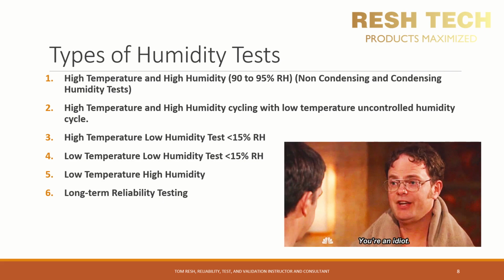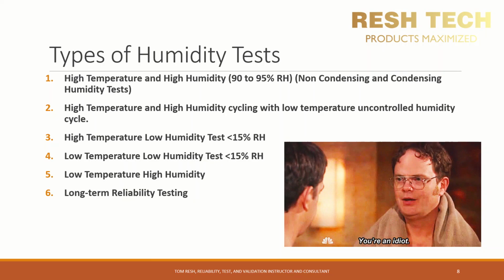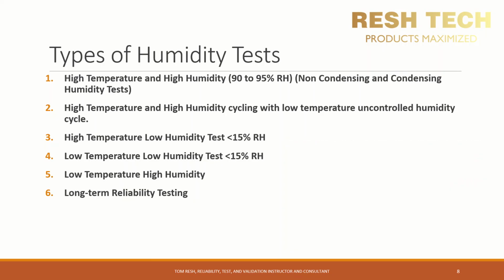The final example is reliability testing. This is either a long-duration high temperature or high humidity exposure, or a test run with temperature and humidity levels higher than the expected worst-case environment that your system or product will encounter in the field or in customers' usage. You can accelerate temperature humidity tests just like temperature testing or vibration testing by using an acceleration factor.